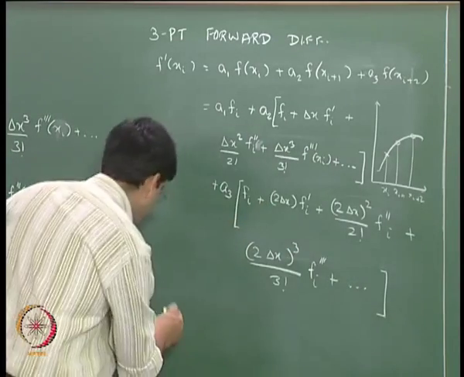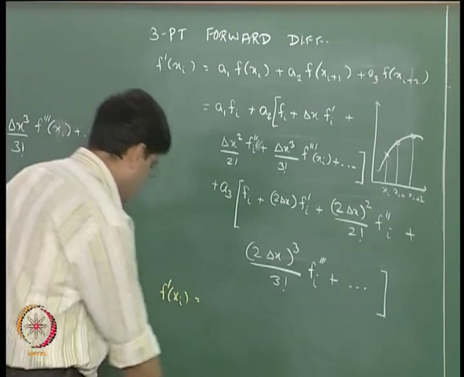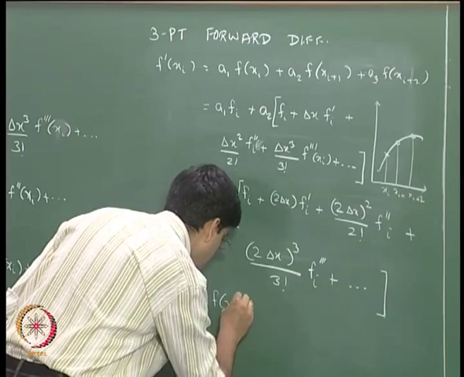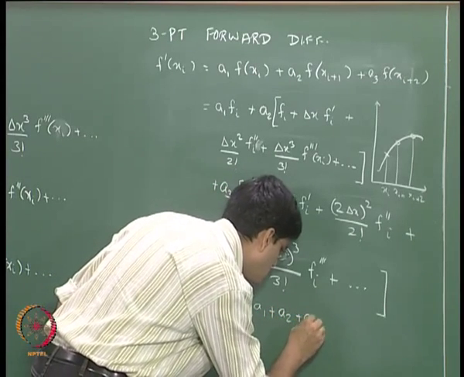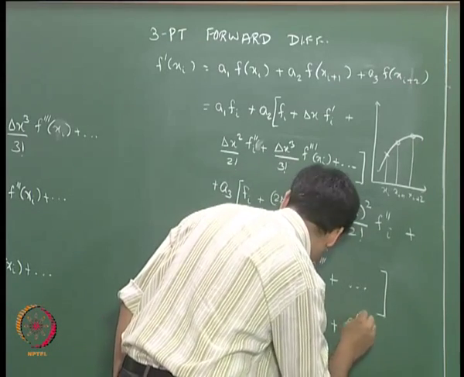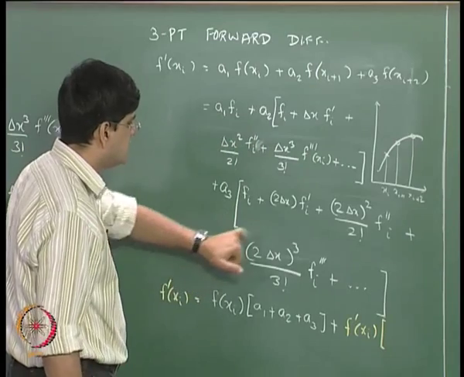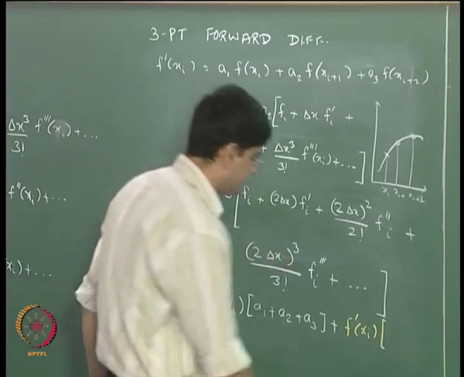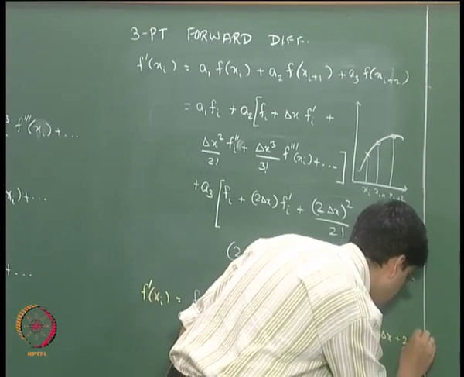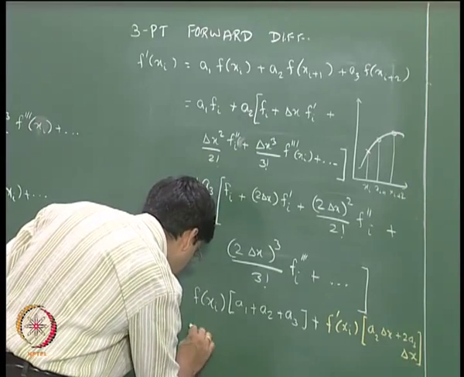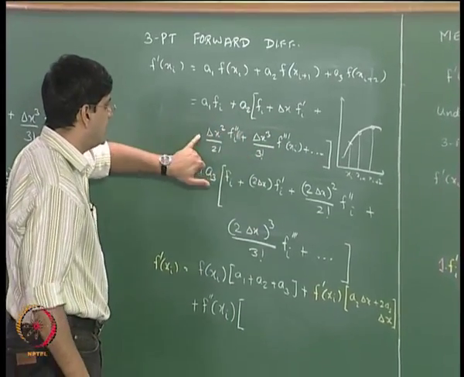So we will write f dash of xi is going to be equal to f of xi multiplied by a1 plus a2 plus a3, plus f dash of xi multiplied by a2 times delta x plus 2 a3 times delta x, okay, plus f double dash of xi multiplied by a2 delta x squared by 2 factorial.